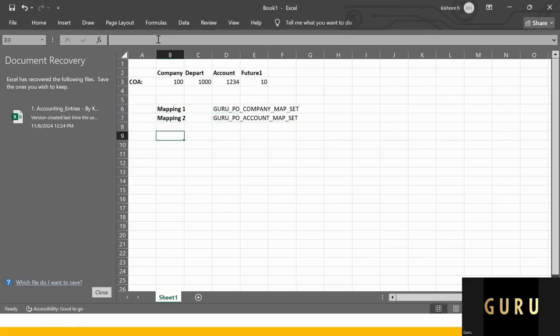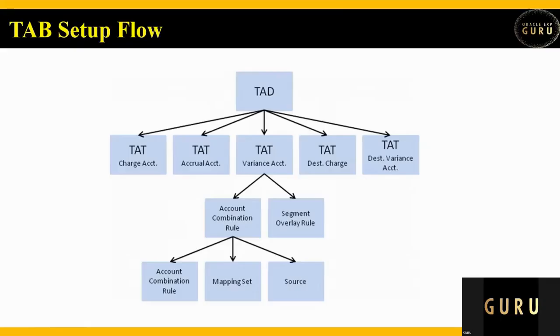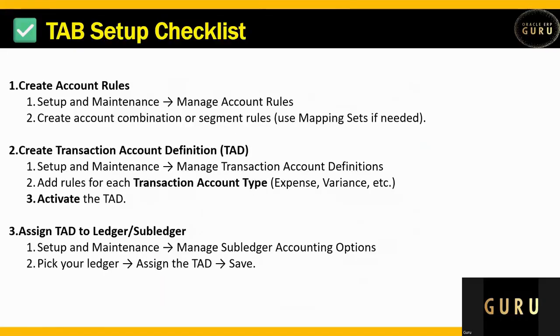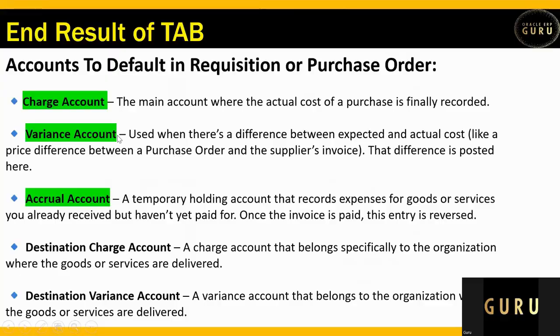So what else do we need? We need account rules also, right? What are the account rules we need? As I told you, these three: charge account, variance account, and accrual account.